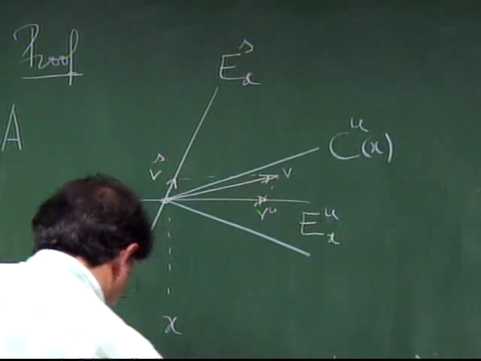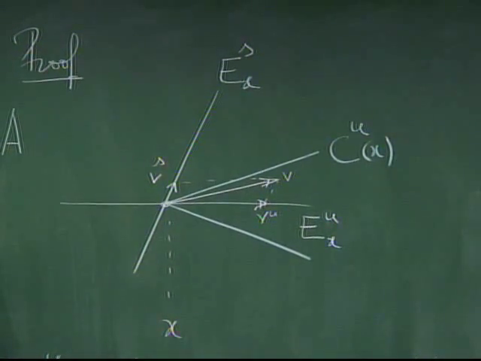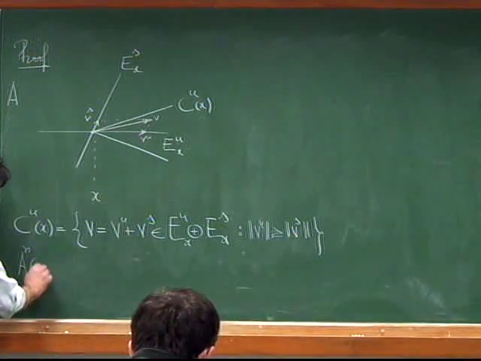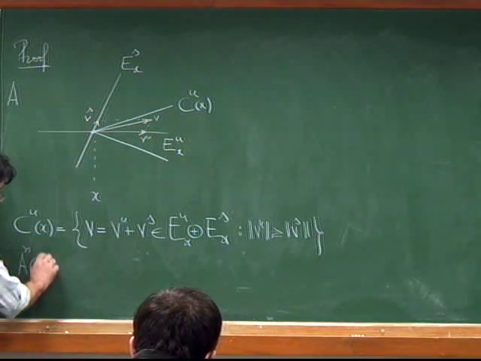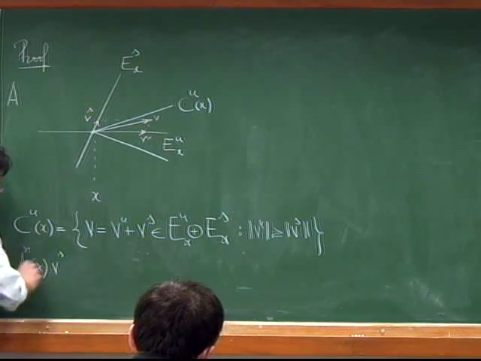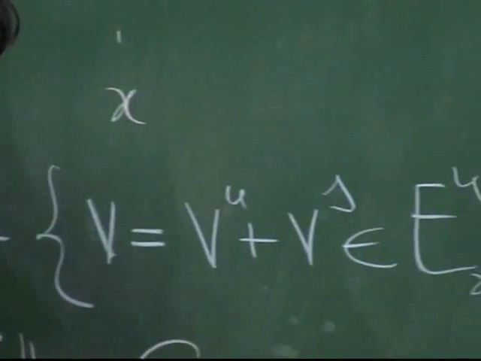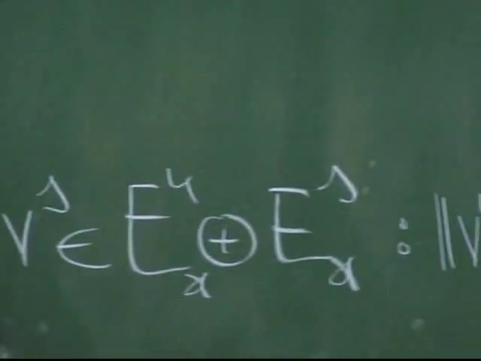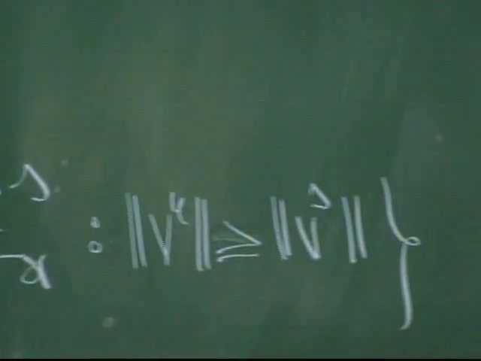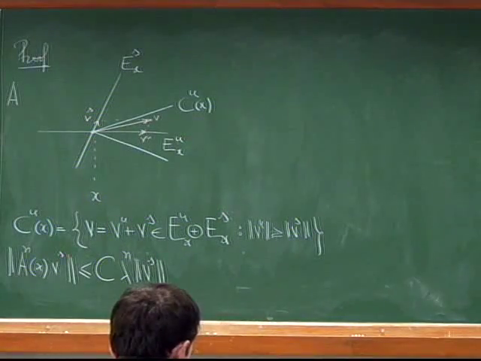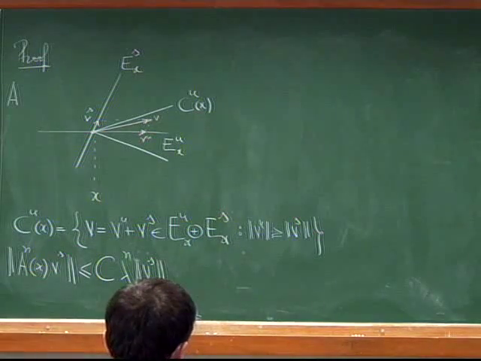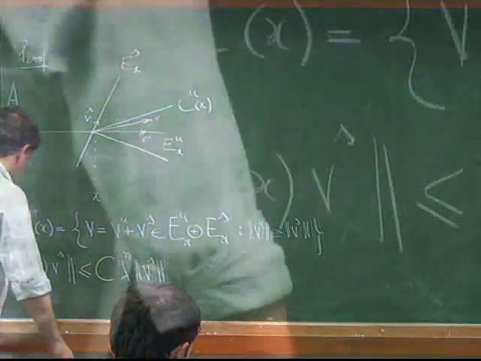Now, we know that A^n_x of v^s is smaller than C lambda^n times v^s, because this is part of the definition of hyperbolicity, for every n and every x.